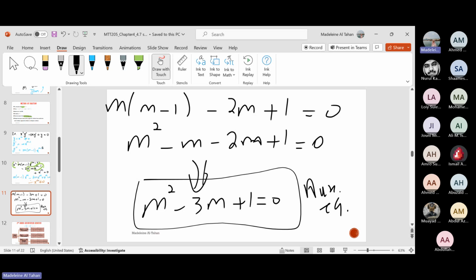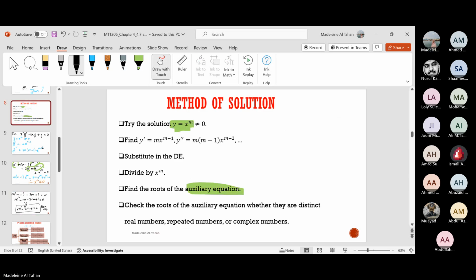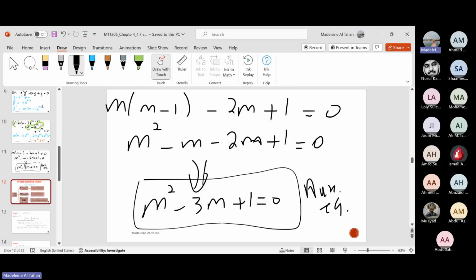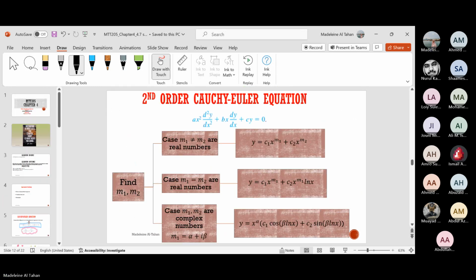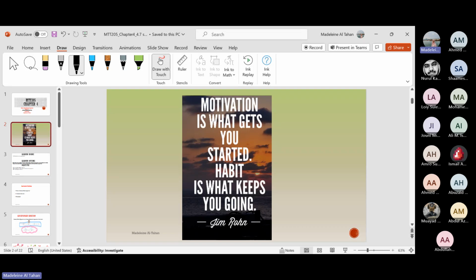We will check the roots of it. Do we have any questions? And the roots will be summarized based on the rules. Hopefully, next lecture, we will explain these in detail, and we will be done with chapter 4, hopefully on Tuesday. Do we have any questions for today?